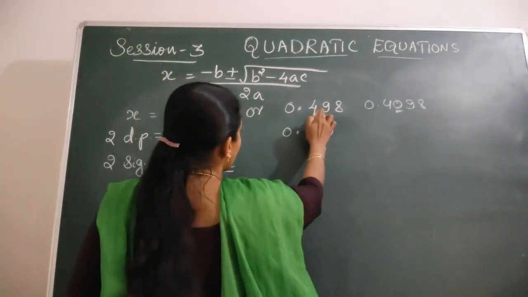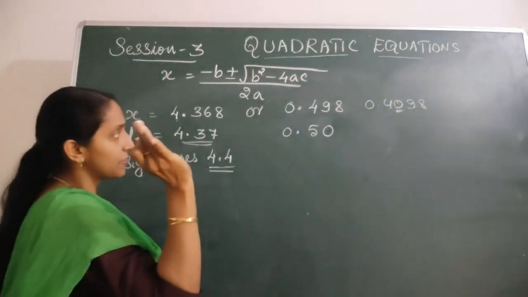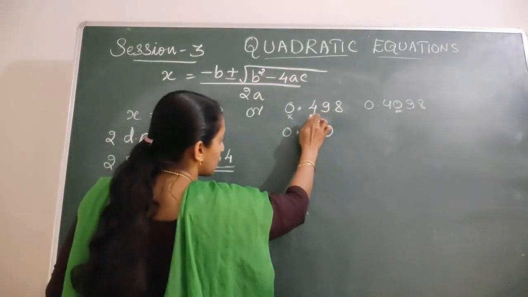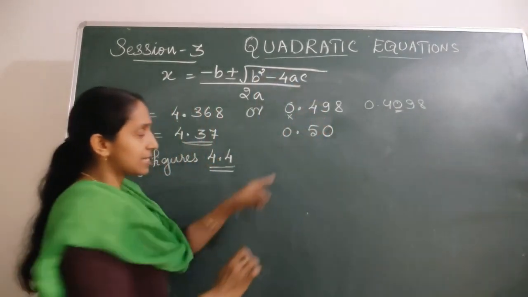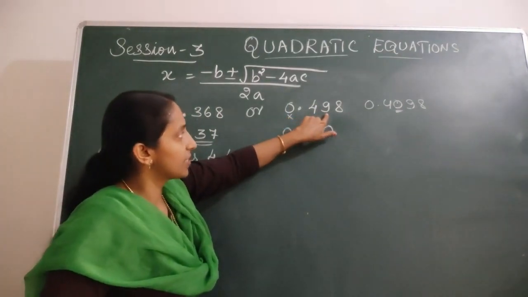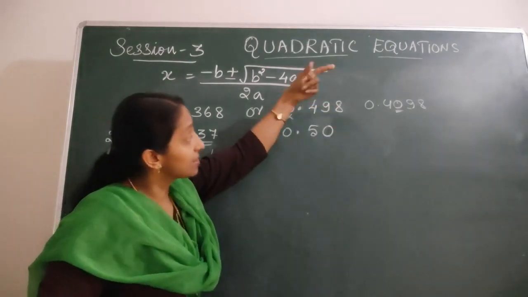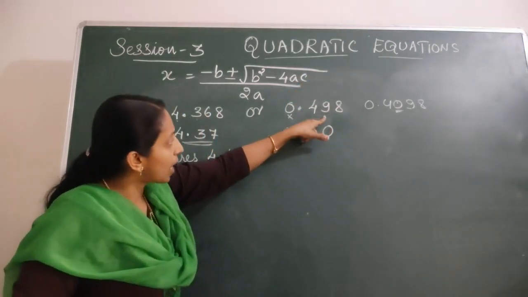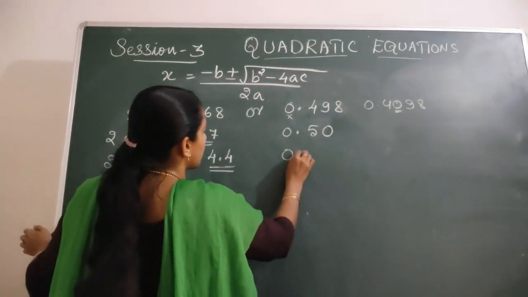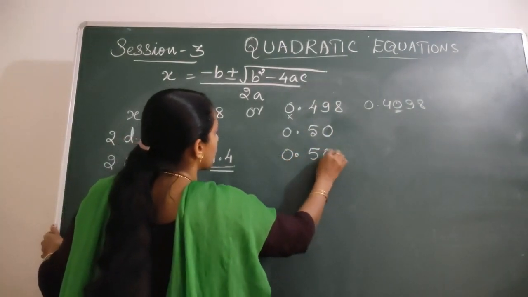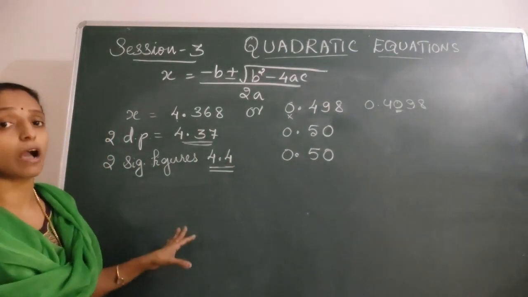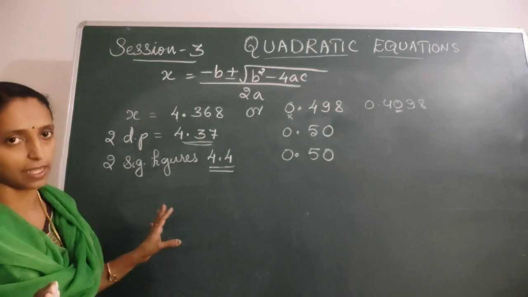So here, if we are correcting it into two significant figures, the leading 0 is not a significant figure. So we will start with 0.4. 4 is a significant figure. And the second significant figure is 9. The third one is 8, so you have to increase 1. The same answer you will get as significant figure 0.50. This is the thing you have to understand in this topic very clearly.